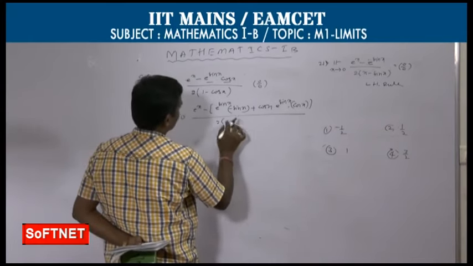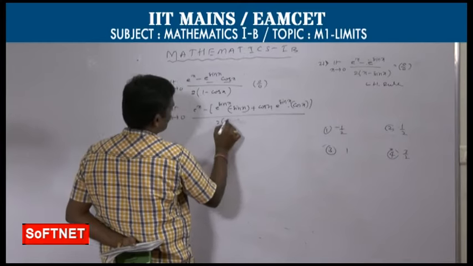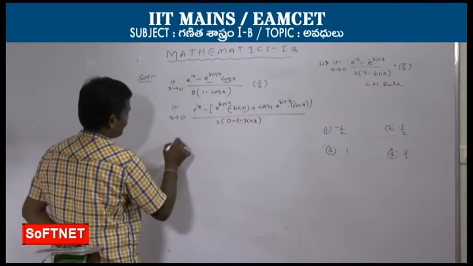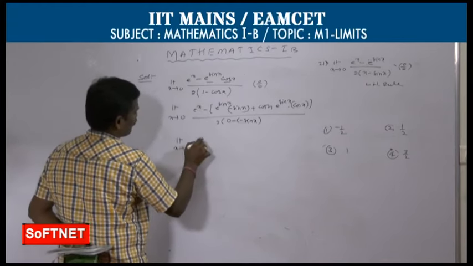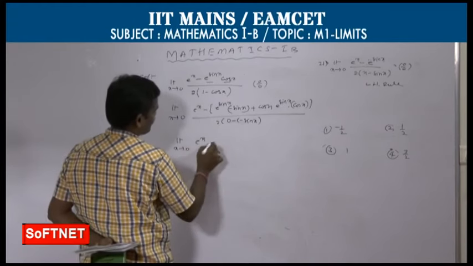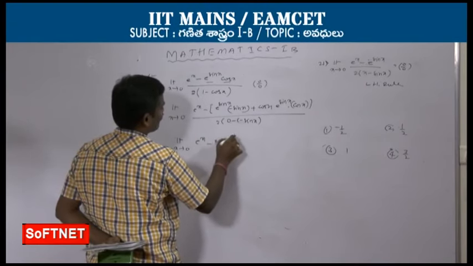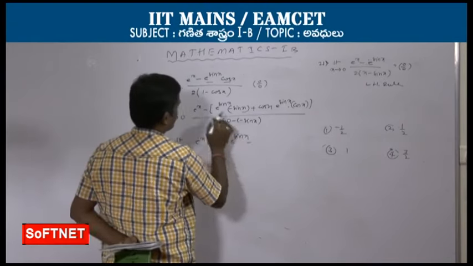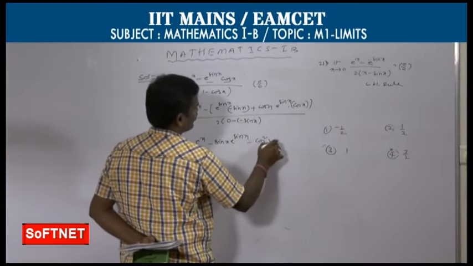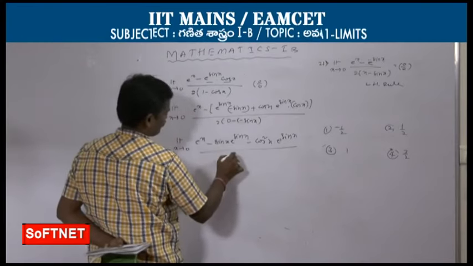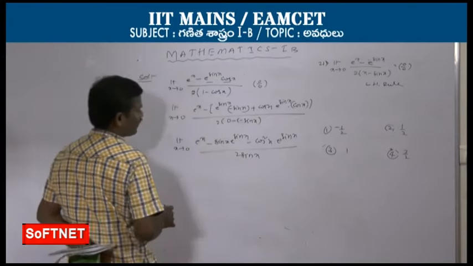The derivative of cos x is minus sin x. So the limit as x tends to 0 of e^x plus sin x e^(sin x) minus cos^2 x e^(sin x), over 2 sin x. Again it is 0 by 0 form.